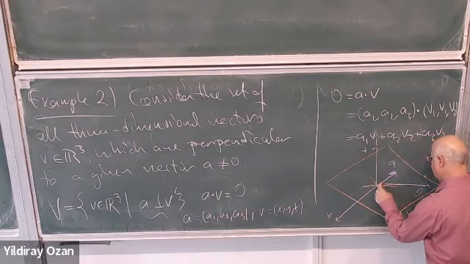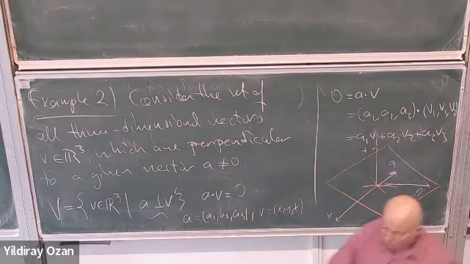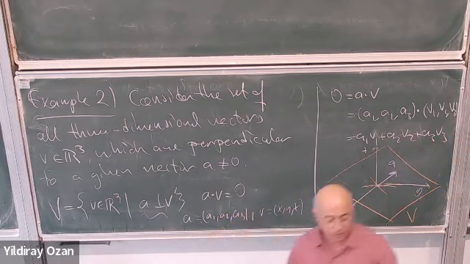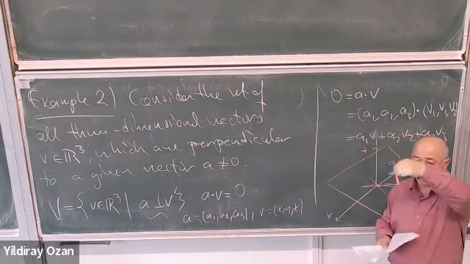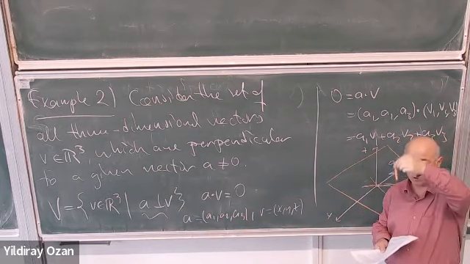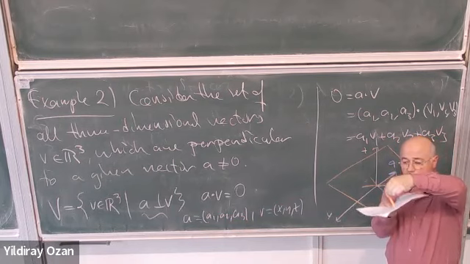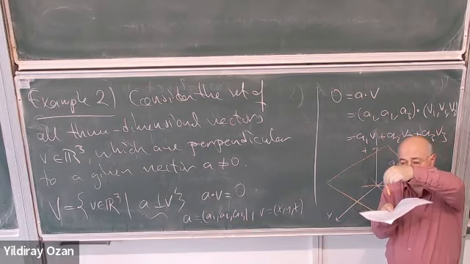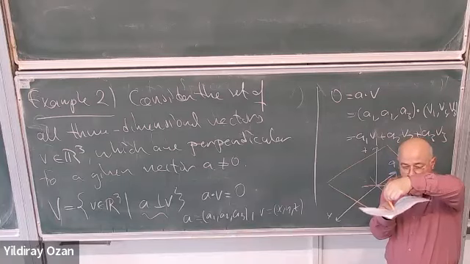So it's like, you know, if you have a vector, suppose this is the vector A, V is all the vectors that are perpendicular to this vector. What is that? Well, it is just this plane, right? Admitting this as its normal vector. Okay.